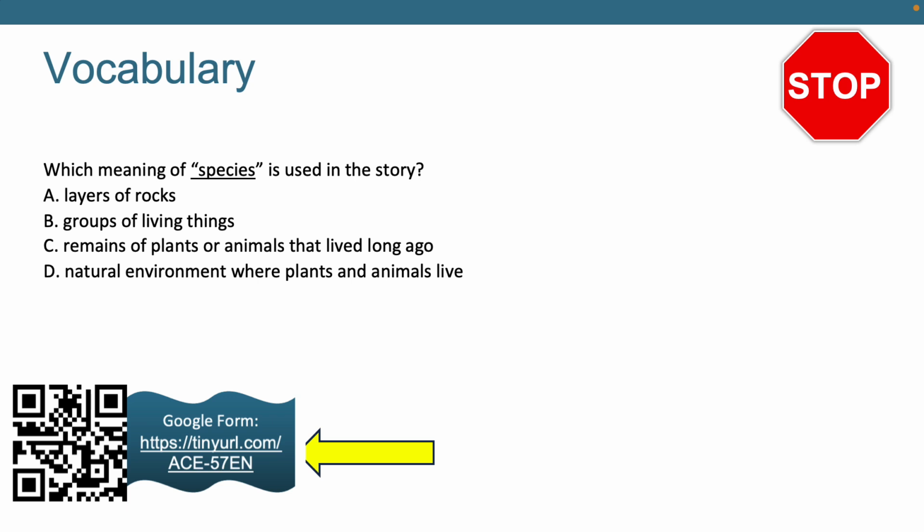Is it A, layers of rocks, B, groups of living things, C, remains of plants or animals that lived long ago, or D, natural environment where plants and animals live? Don't forget to submit your answer A, B, C, or D.